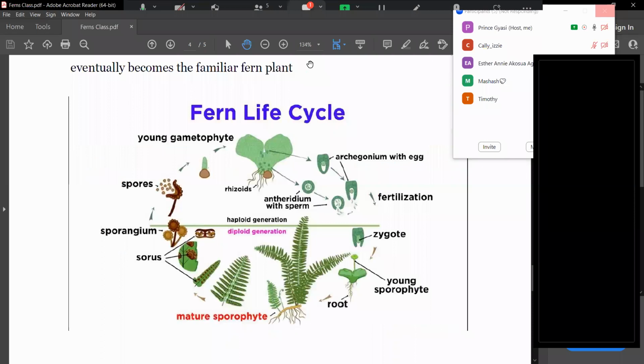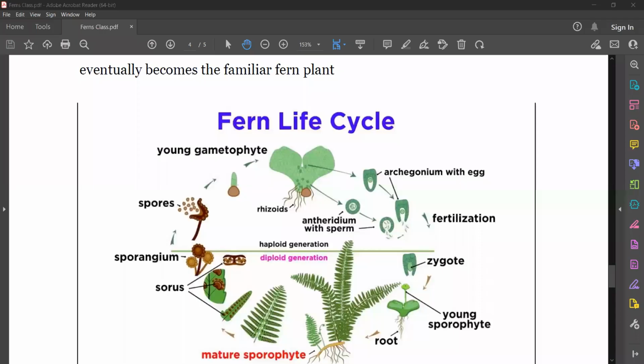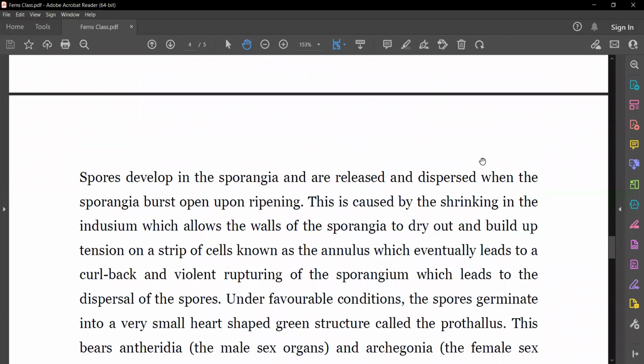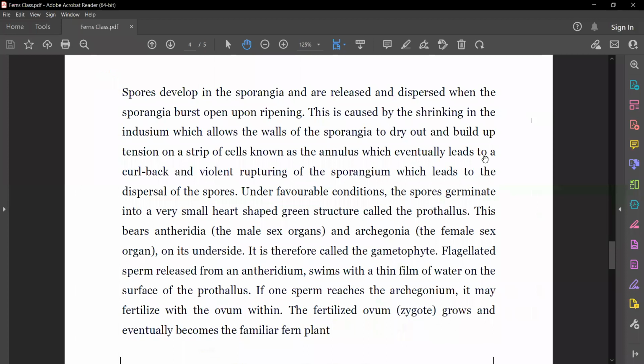Okay, can you all see now? As I was saying before, the spores will develop into a green heart-shaped structure known as the prothallus.